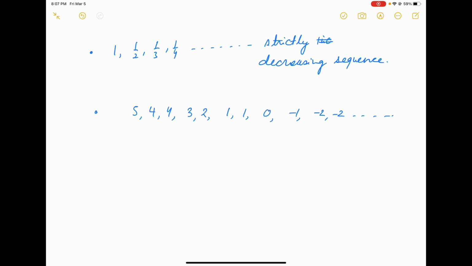It is decreasing, but there are some terms which are the same. So this is called the monotonically decreasing sequence.